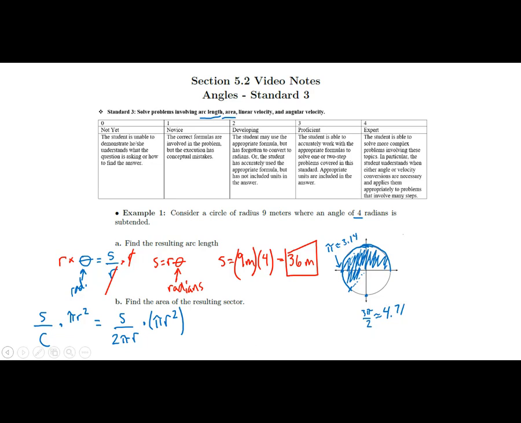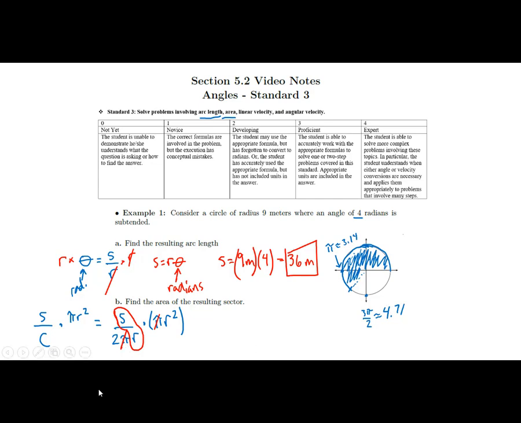Taking a look at that formula, we can do some simplification. I can see that these pi's cancel out, and I could cancel an r on top and bottom, but here's what I would rather do. Let's look at this right here, s over r.